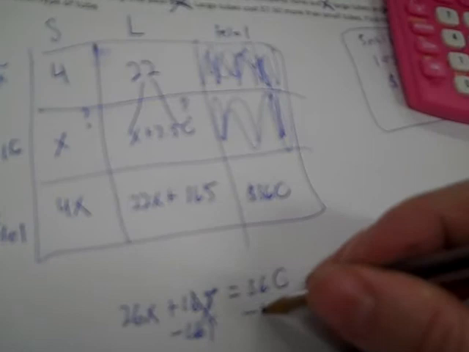Then I subtract 165. So 26x equals 195, and then I divide by 26. And whatever that is going to be the cost of the small. So 195 divided by 26, and that's 7.5. So the smalls cost $7.50.